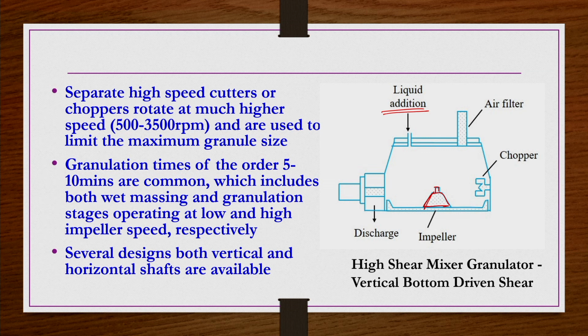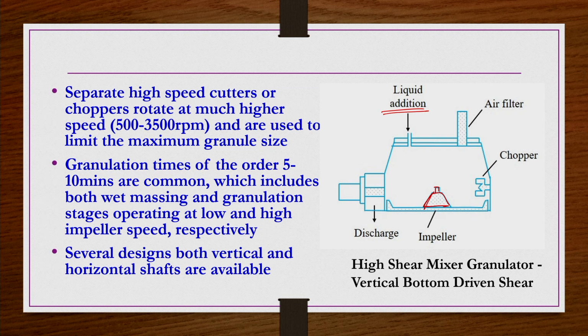A similar design can have the impeller at the top; that is still vertical shearing, but the rotation is driven from the top. So that way also it is possible. As mentioned in the previous slide, there are several designs available.